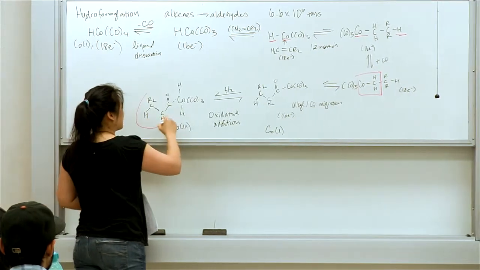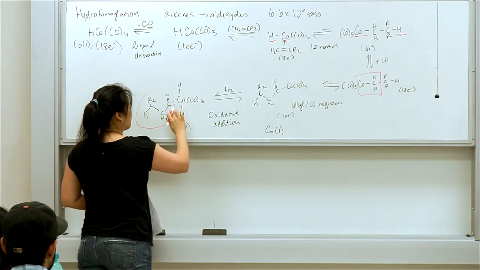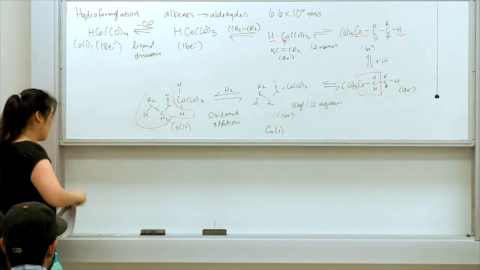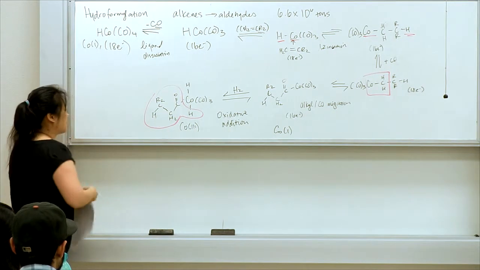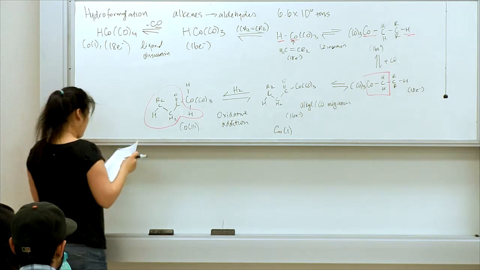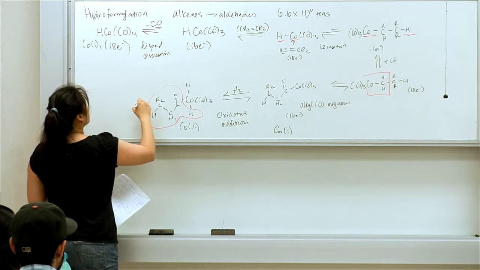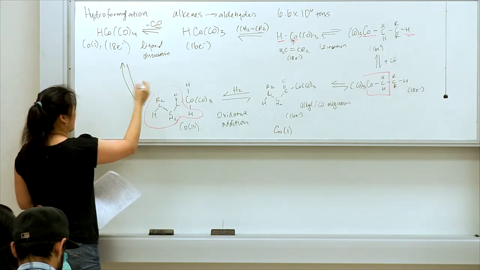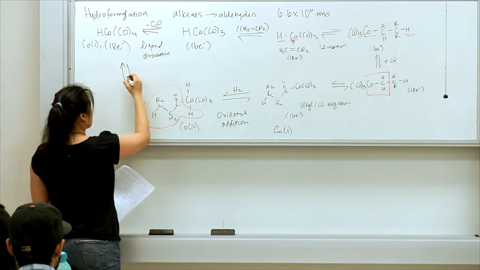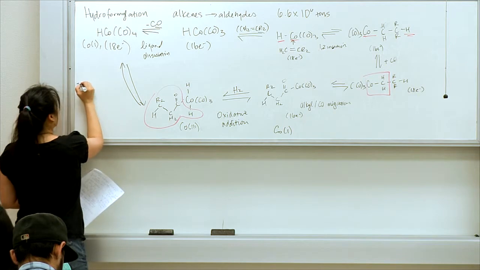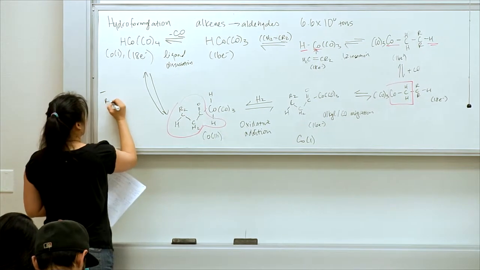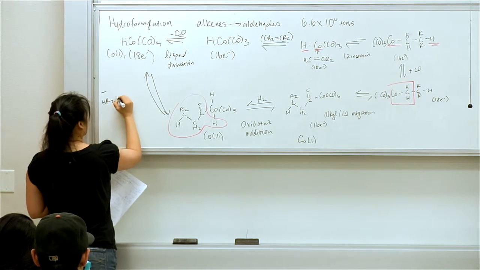then what happens, and I'm just sort of picking one of the hydrides, they're both equivalent in this case, but what happens then is that you go back to your starting material, and the way that you do that is you basically lose, I'll put a minus here, so this is the product that you're losing.